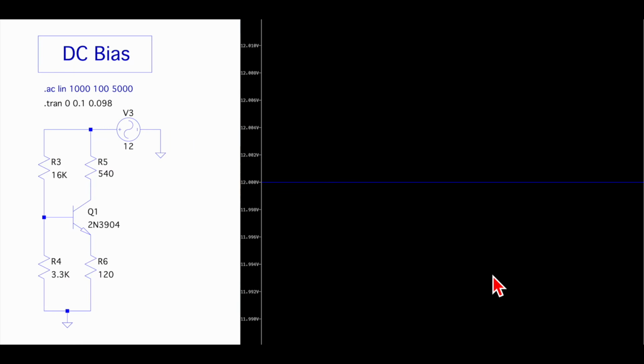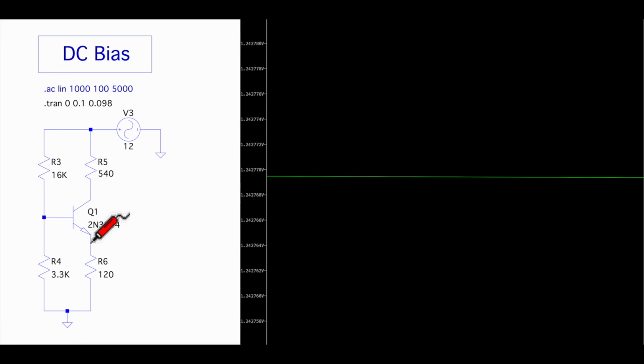And so let's check our calculations with a quick LTSpice simulation. Here's our circuit, just the DC elements of it. If I test here, we've got 12 volts, as you would expect. Let's check some of these other voltage levels. At the emitter, remember we wanted 1.2 volts, which was 1/10 of this value, and yeah, 1.24, that's fine.